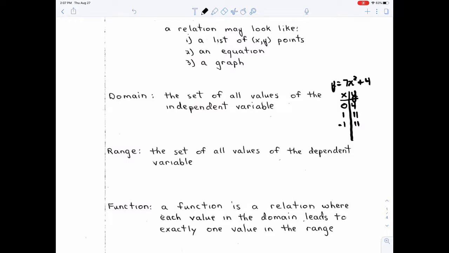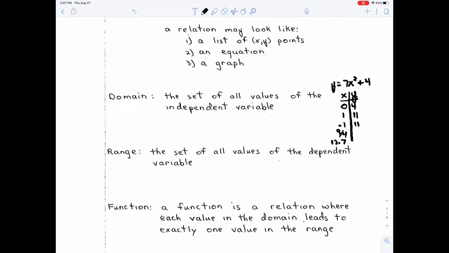Basically, X is independent. We can pick anything we want: 0, 1, -1, 9/4, 13.7. We might not pick those, but we can basically pick anything we want.